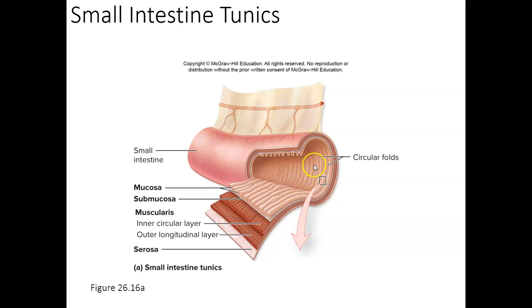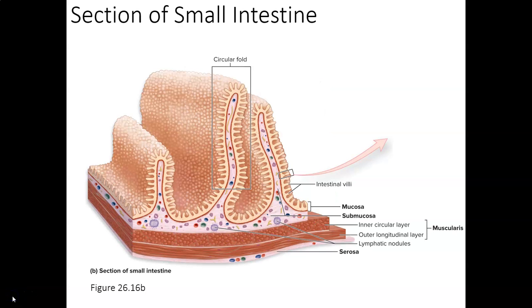The first thing, at this magnification, you'll probably notice is the circular folds. When you zoom into one of those circular folds, you can see a lot of finger-like structures called intestinal villi, and then you zoom into one of those intestinal villi.